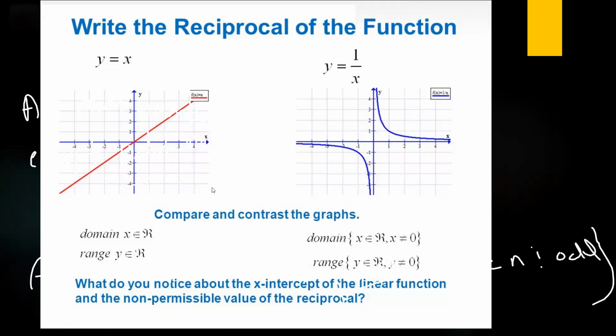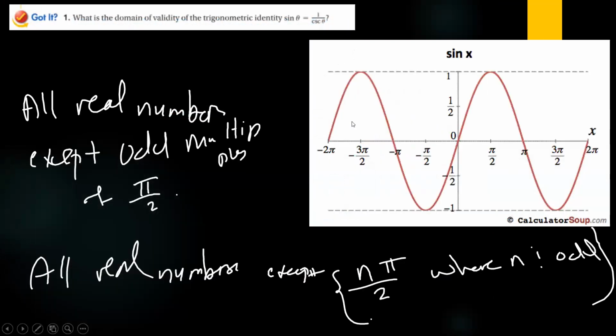Okay, now let's have another example. What is the domain of sine is 1 over cosecant? Now I bring the shapes for you here.